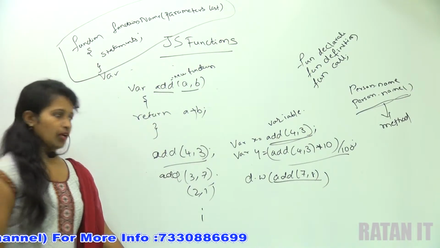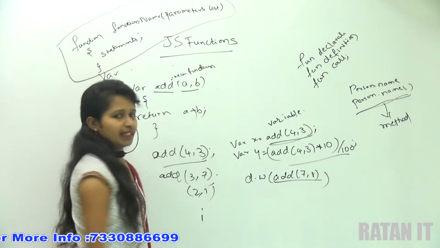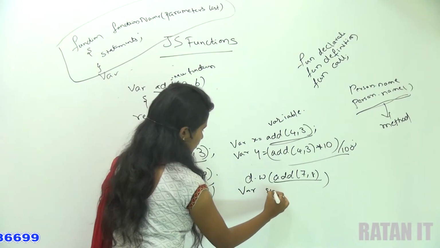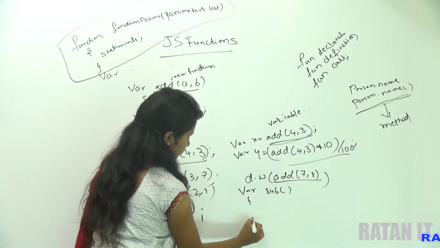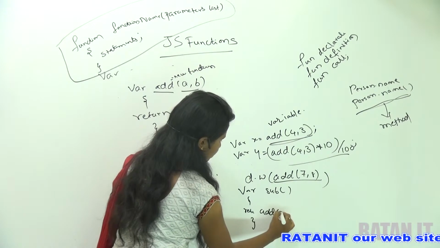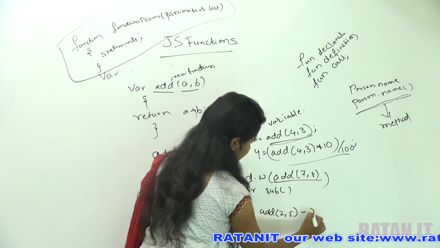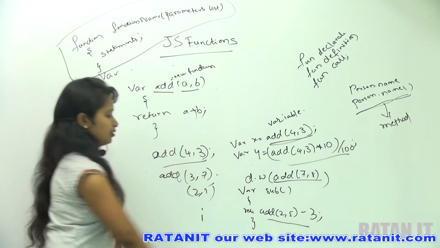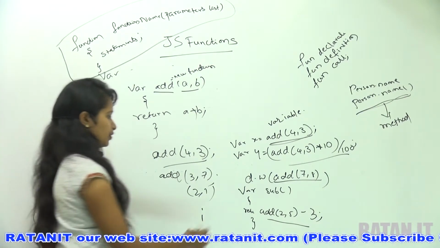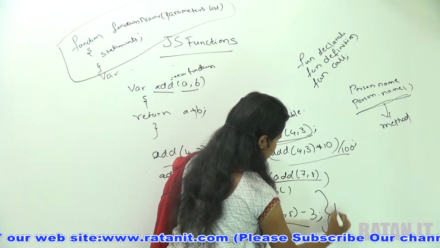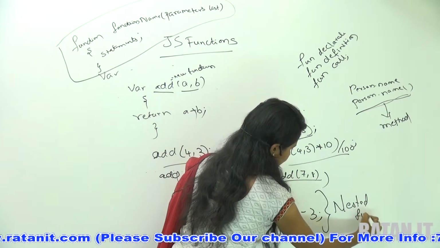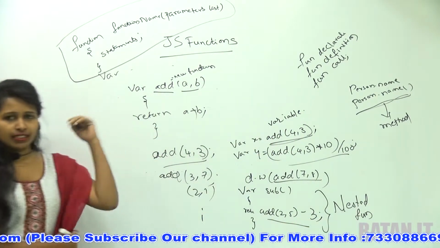Either I can also call inside another function, let us suppose var sub of return add of 2 comma 5 minus 3. You can use a function inside another function, which we call a nested function.